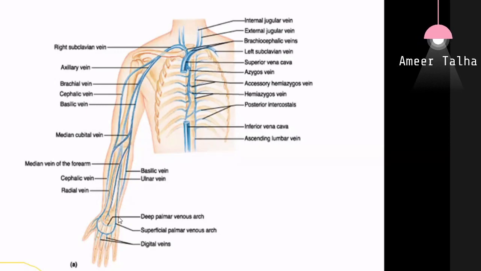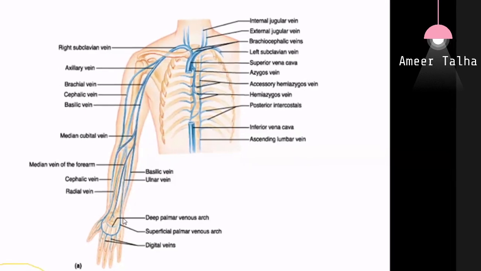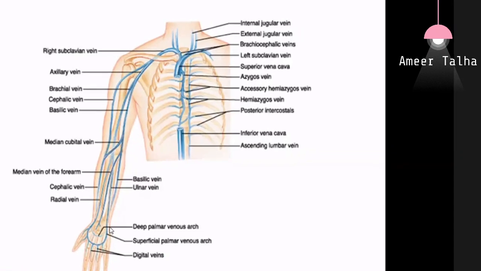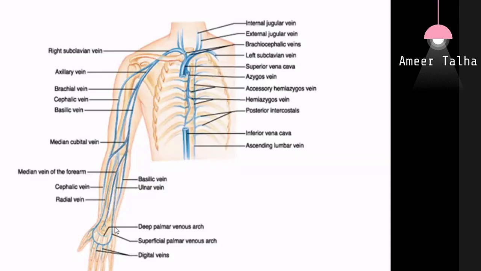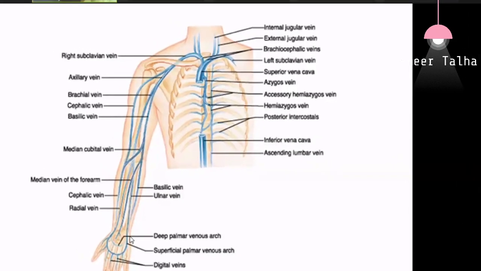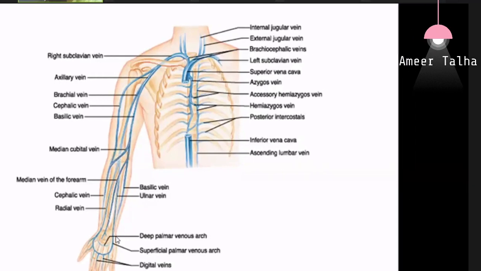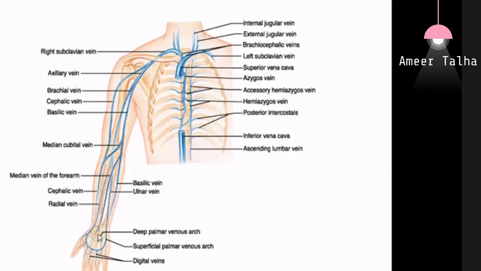So the benefit of the dorsal venous arch present superficial to the extensor expansion is one, thermoregulation, can be used for intravenous administrations or injections, and most importantly, they are not affected by the positions of the hand or contraction, so that the venous return continues properly and is not blocked.